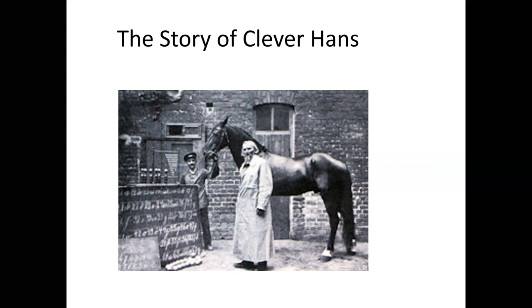However, at some point, they decided to slightly perturb the input that the horse sees, and they removed the face of the person who was present there. And then it turned out that the horse couldn't solve arithmetic tasks anymore. So the moral of the story is the horse had actually learned to recognize clues, like social clues from the person, and based on that to make a decision on arithmetic tasks, and not to actually learn arithmetic.